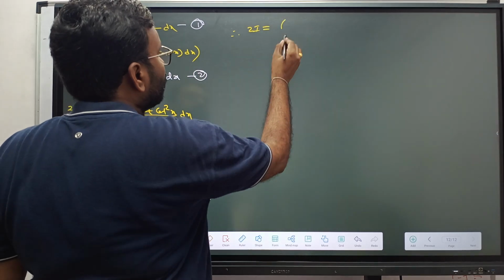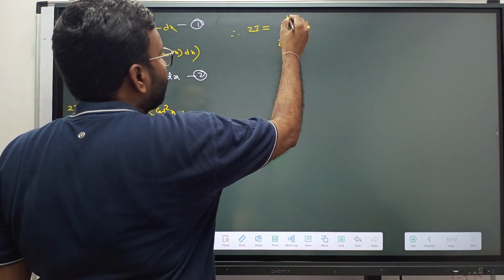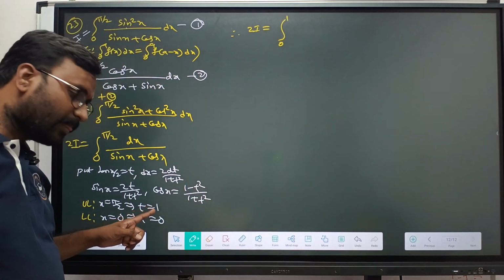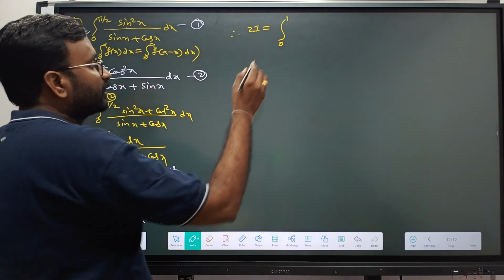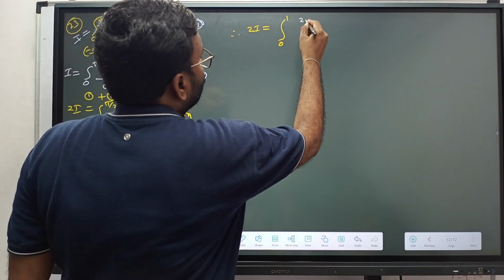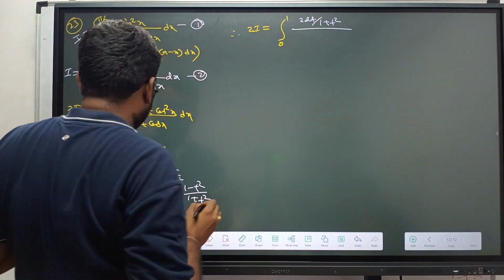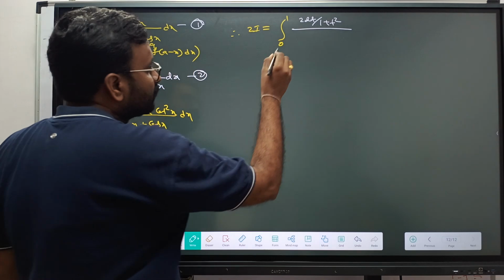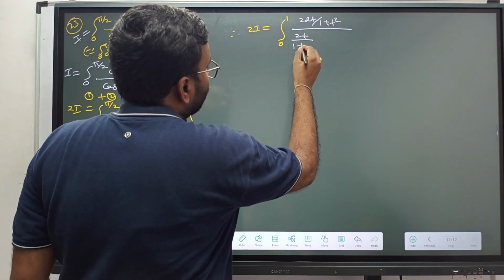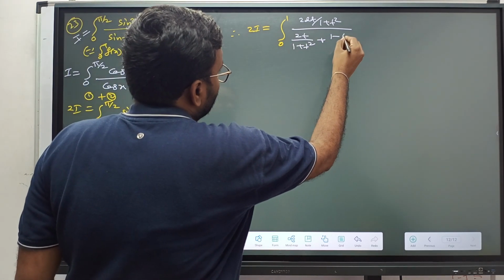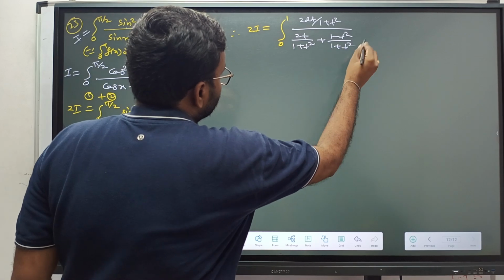Therefore 2I is equal to integral from 0 to 1, numerator dx will be 2 dt by 1 plus t square, and denominator sin x plus cos x, so sin x is 2t by 1 plus t square, cos x is 1 minus t square by 1 plus t square.